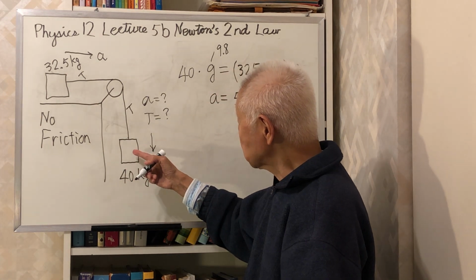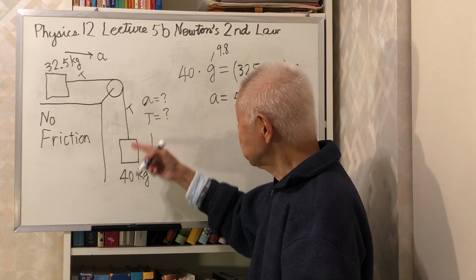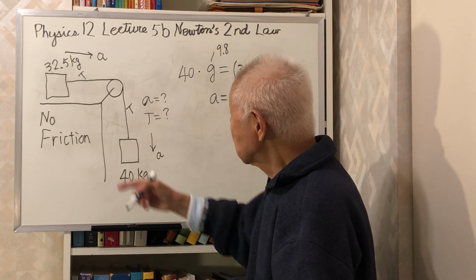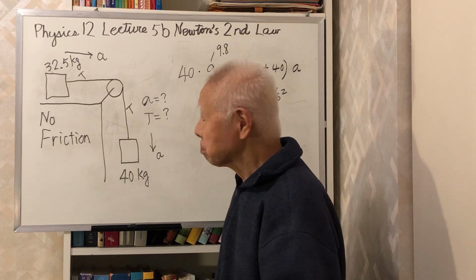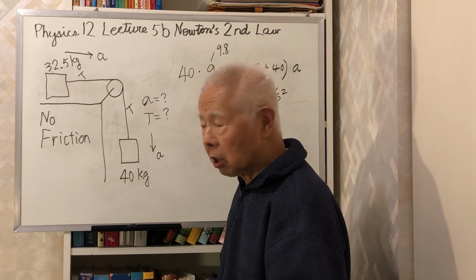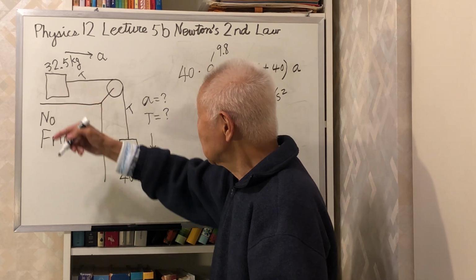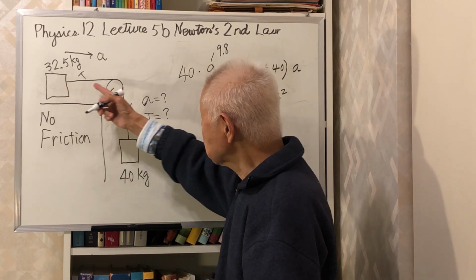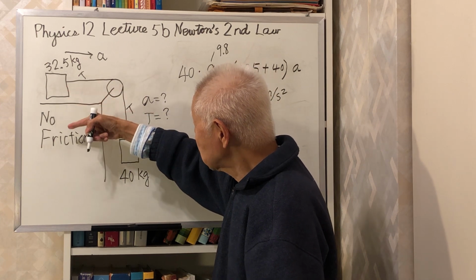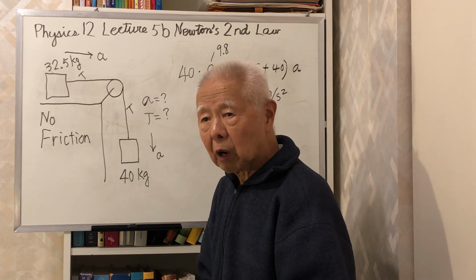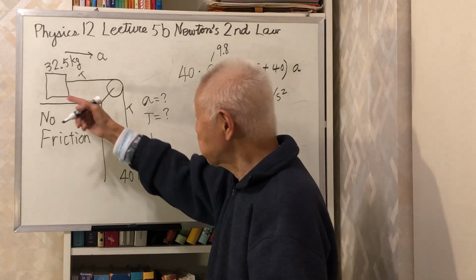You can consider this block to find the tension, or you can consider this block to find the tension. Which one is simpler? This one is simpler. Because the motion is horizontal, the tension is horizontal, but the force of gravity is vertical, so the force of gravity has nothing to do with this motion.